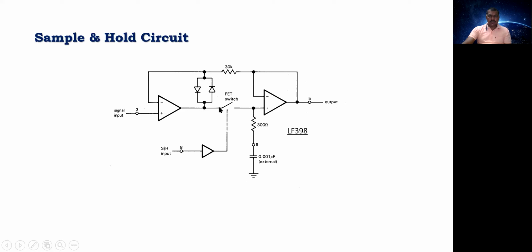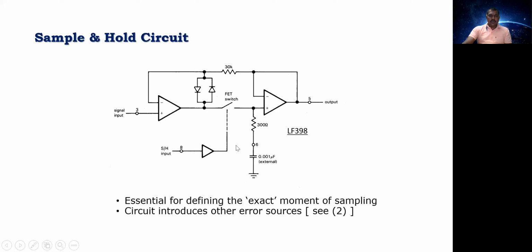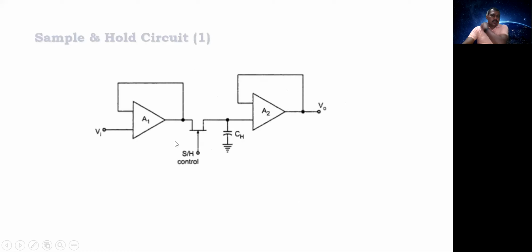Now, where it is shown as a switch, here we are going to use a switch which is actually a FET switch, or say a switch with a transistor, right? So the same circuit can be shown like this.